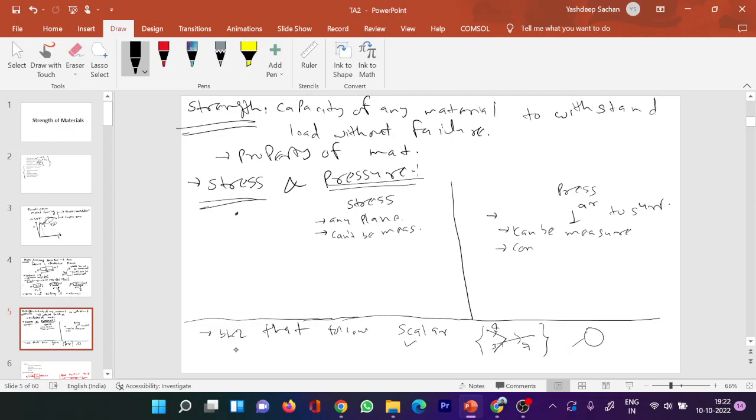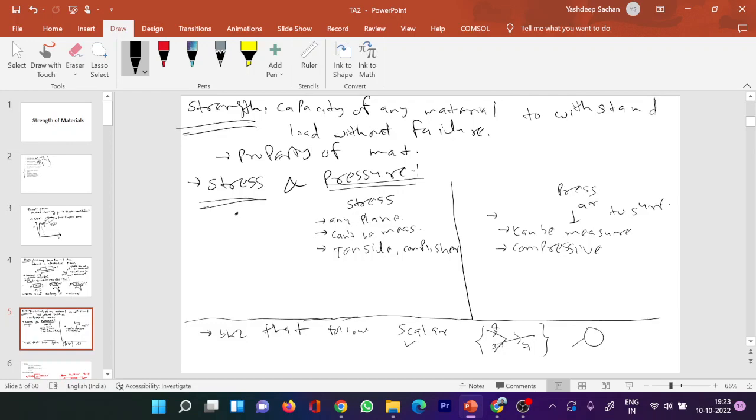We see it only due to addition, the same as the current example I gave. So pressure is compressive in nature only, and stress can be anything: compressive, tensile, shear, any type.